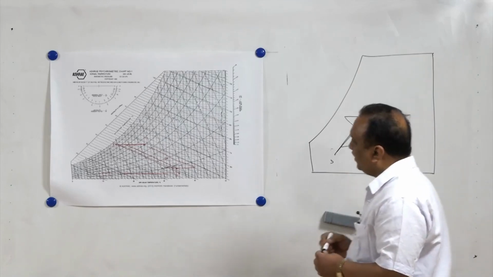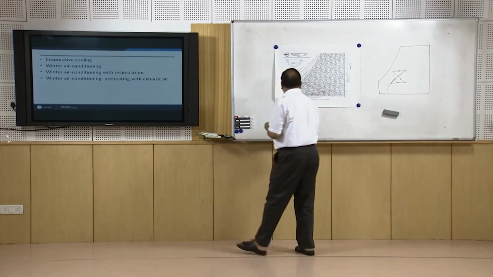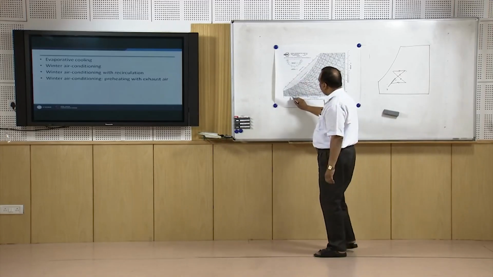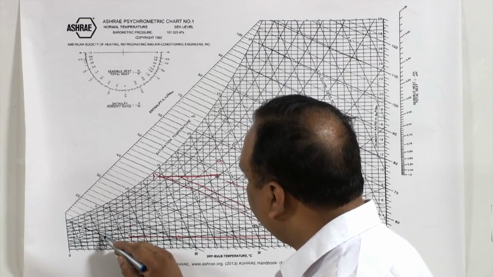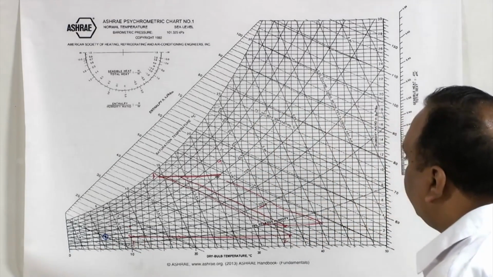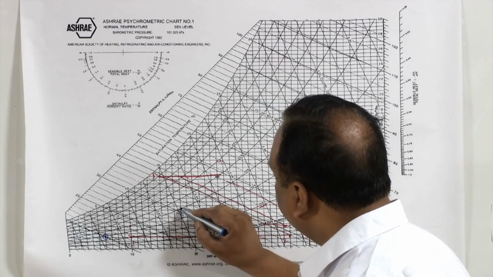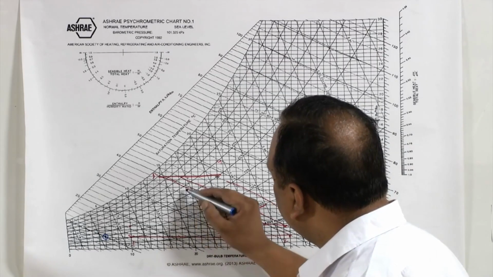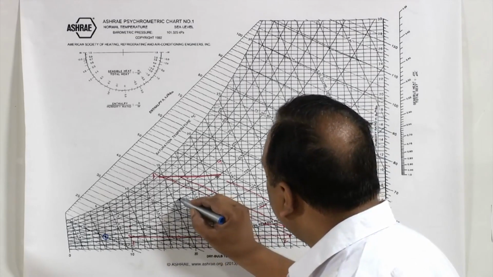Now, if we want to display this process on the psychrometric chart, let us assume outside air is at 6 degrees centigrade. So, 6 degrees centigrade air is mixed with the exhaust air. Suppose exhaust air is available at 18 degrees centigrade and 50% relative humidity.